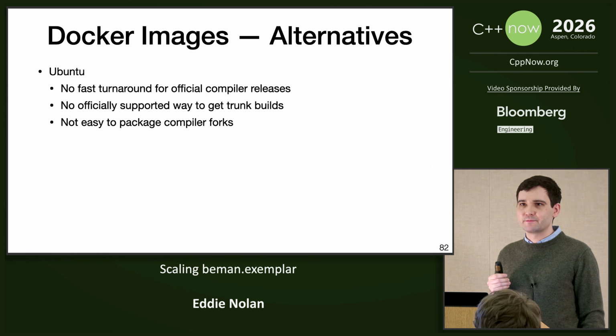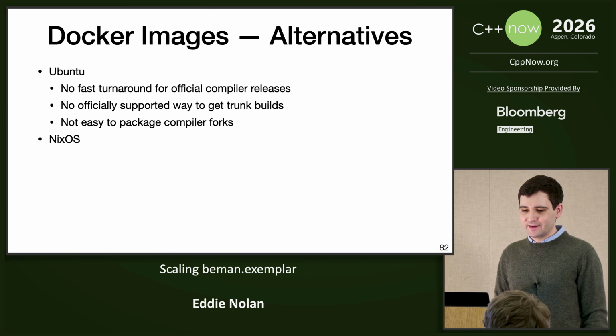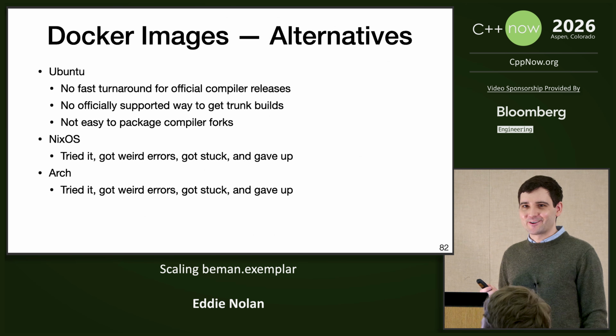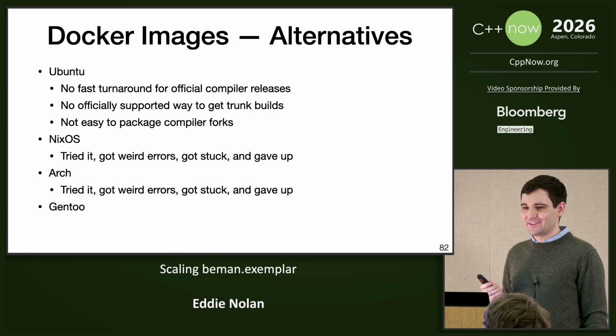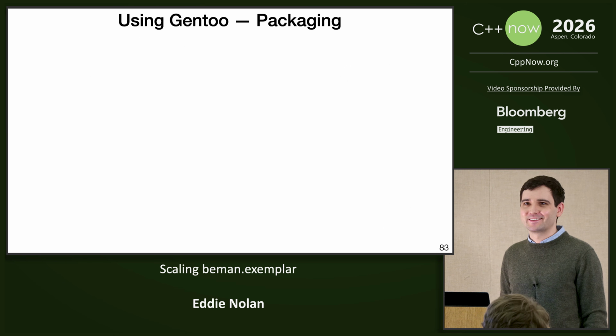But even still, getting a fork of Clang into a .deb file in Ubuntu seemed daunting to me at the time. So I tried NixOS, and I got weird errors and got stuck and gave up. Then the exact same thing happened with Arch, except with Gentoo, I was somehow able to persevere, and so that's why we're using Gentoo for our Docker images.